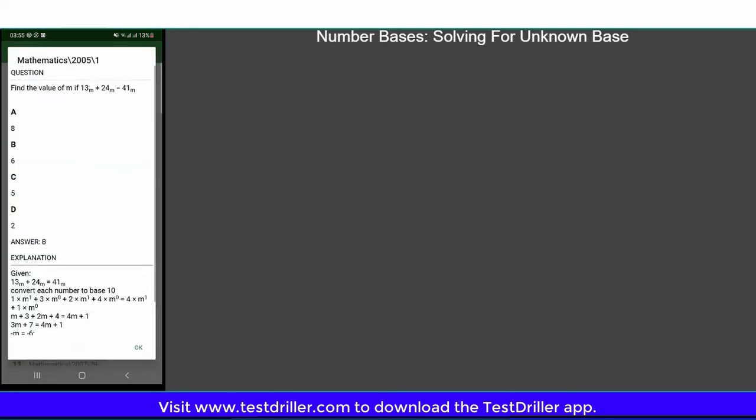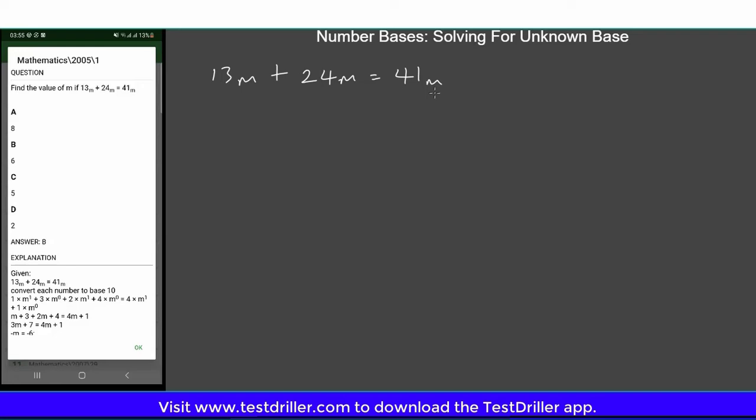If you take a look at the question, you will see that it says find the value of m if 13 base m plus 24 base m equals 41 base m. So here we have 13m plus 24m equals 41m, and the question is for us to determine the value of m.